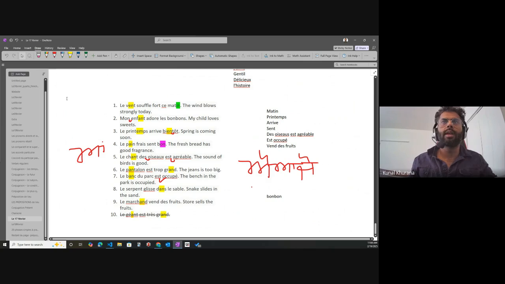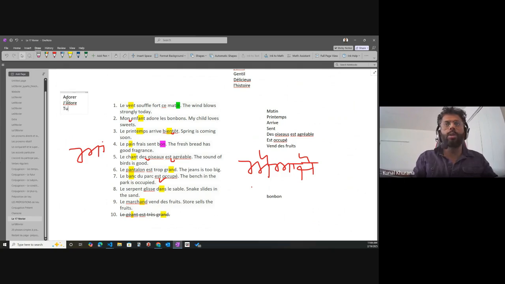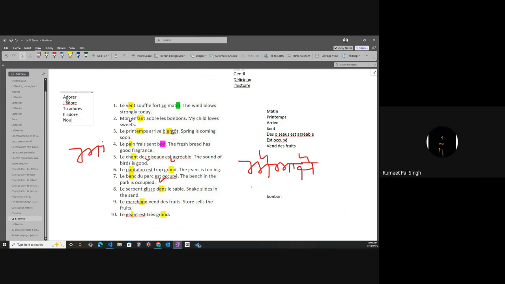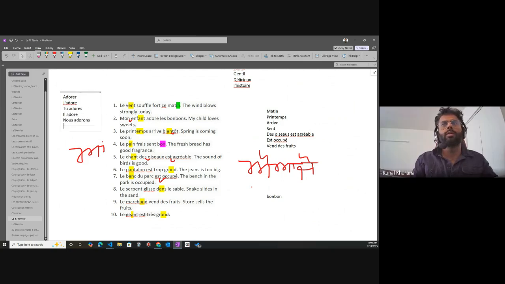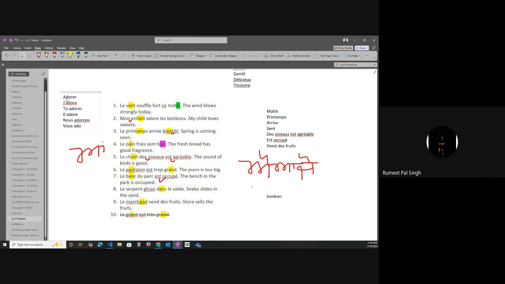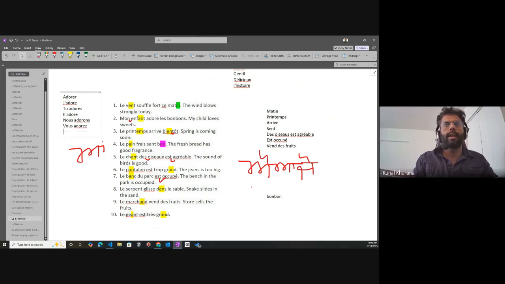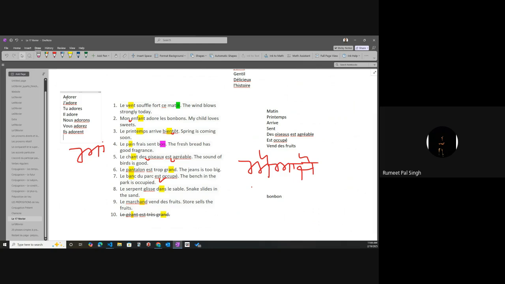The verb is adorer. So j'adore, it's a first category verb. J'adore, tu adores, il adore, nous adorons, vous adorez, il adore. J'adore.